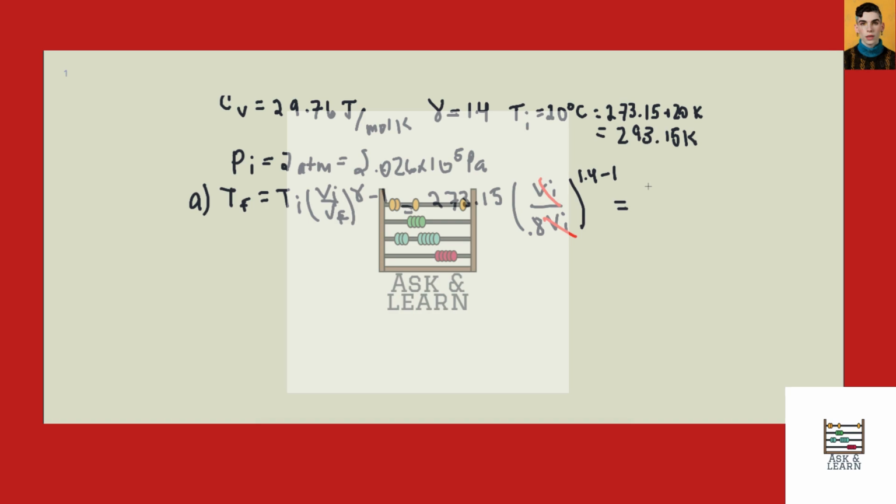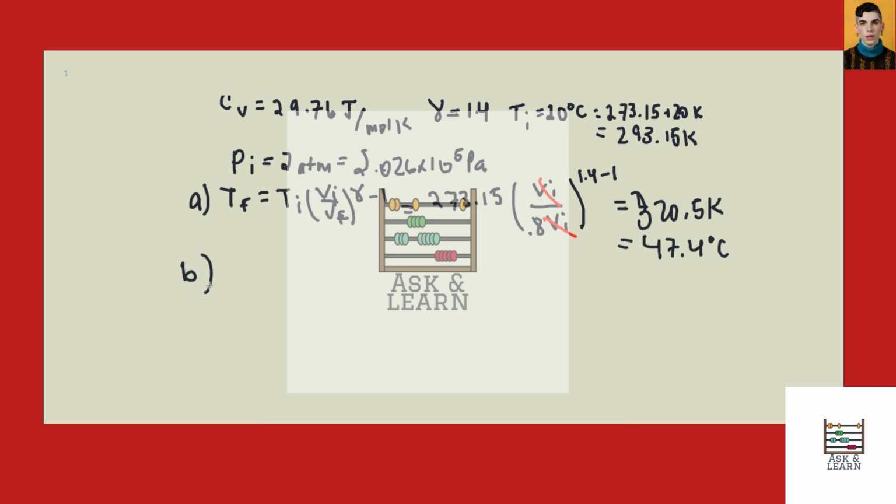And if you put that into a calculator, then you should get 320.5 Kelvin. And then if you convert that back to Celsius by subtracting 273.15, then you get 47.4 degrees Celsius. Great.